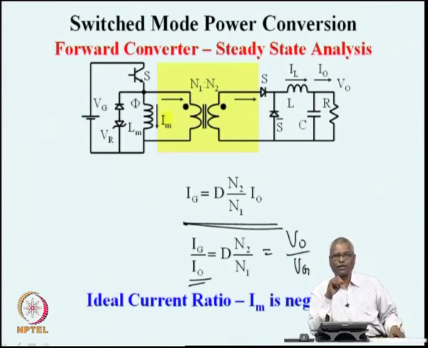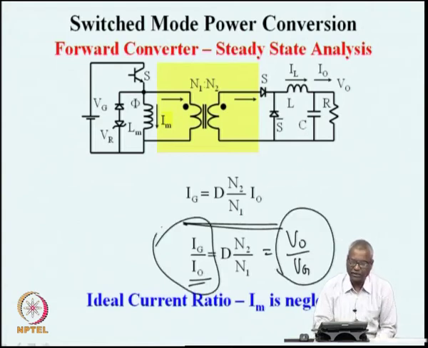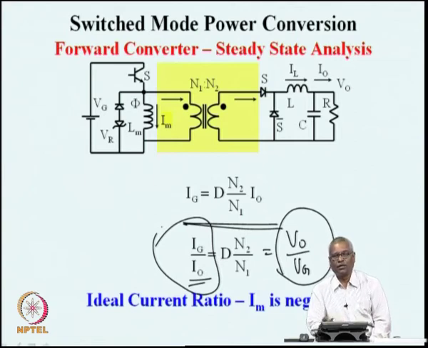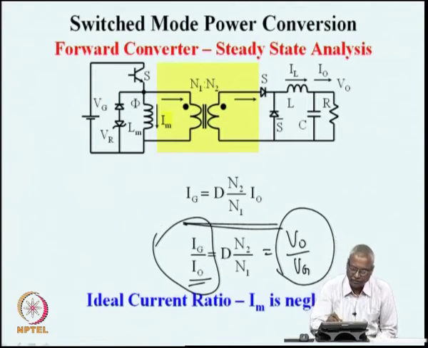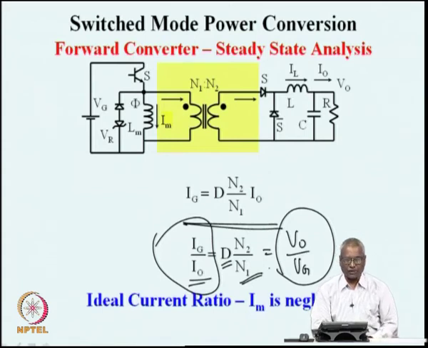We have seen that under ideal conditions, the forward voltage transfer ratio and the reverse current transfer ratio will be identical. In the non-isolated converter, it was D. In the isolated converter, we have an additional term which is the turns ratio of the transformer.